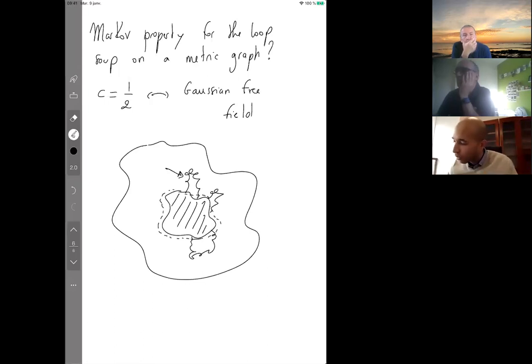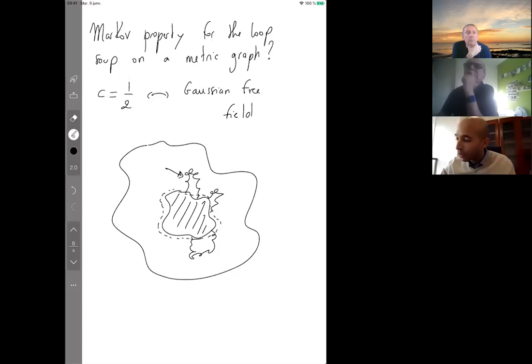I have a subset of the graph. I look at the excursions outside the subset. Is it possible that the law of the trace of the excursions of my loops outside the subset only depends on the local time on the boundary of my subset, and not on what's happening inside the subset? That's the question. First, actually, the answer is no. You cannot have something so strong.